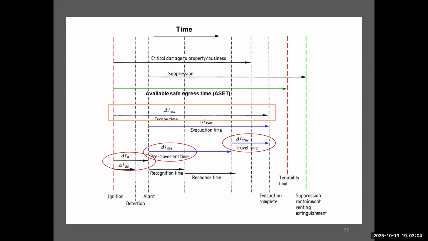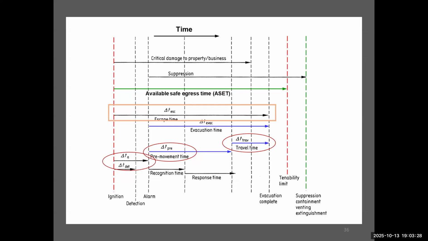This diagram visualizes the race between the fire and the people. It starts at ignition, so we can put this red line as the ignition time. After a short time, the fire is detected, the alarm sounds, and the people start to react.